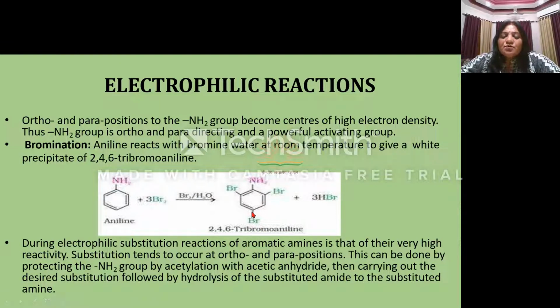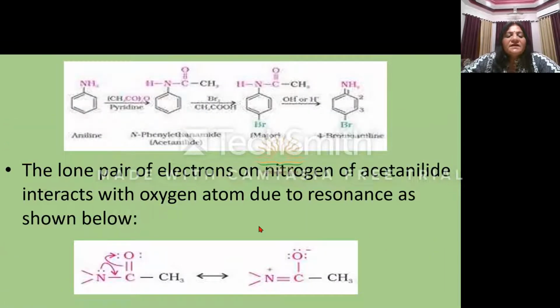As you know, the NH2 group has the plus R effect. So ortho and para positions are electron rich. So it forms the 2,4,6-tribromoaniline. Now the reaction of aniline with acetic anhydride in the presence of pyridine.